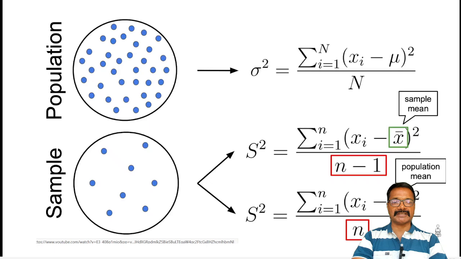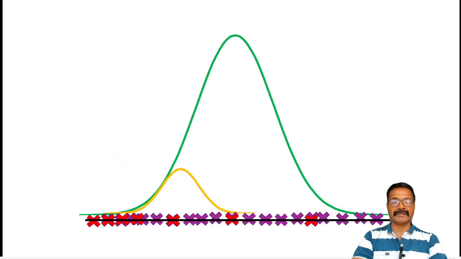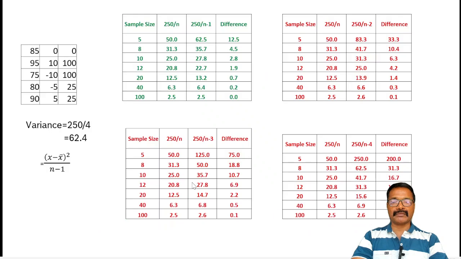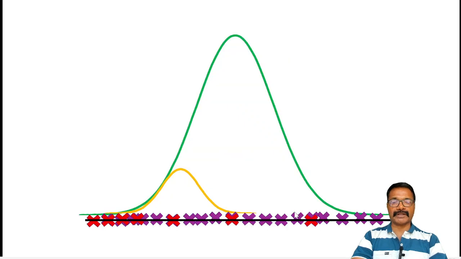What is the meaning of this? Let us see in the next slide. Now see, this is a green graph for the population, and in the population, whatever crosses are made, these are the samples or the jobs lying in the population. Now in the population, you are taking particular jobs in such a way that you are predicting the population.